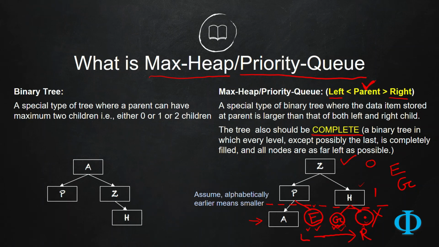So that is the notion of the complete binary tree, and in order to make a MaxHeap or priority queue data structure, the binary tree should be complete as well as it should follow this relation where parent is greater than both left and right.